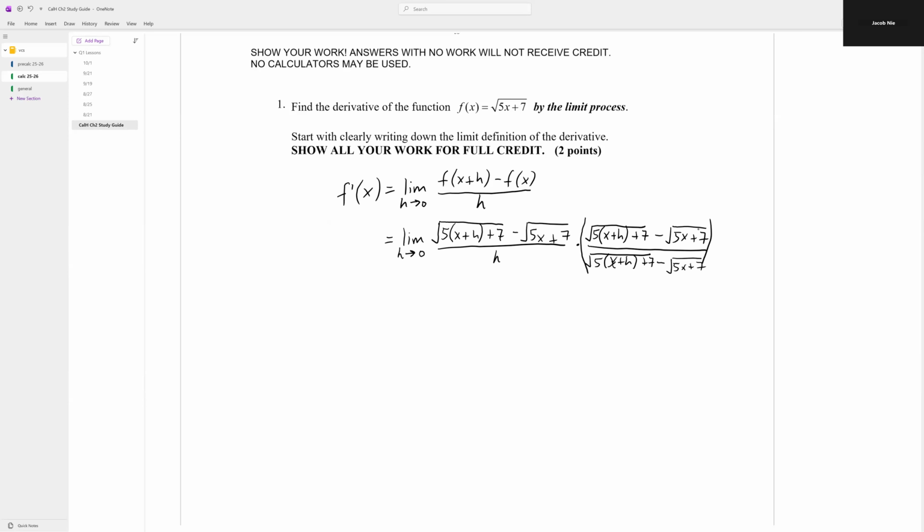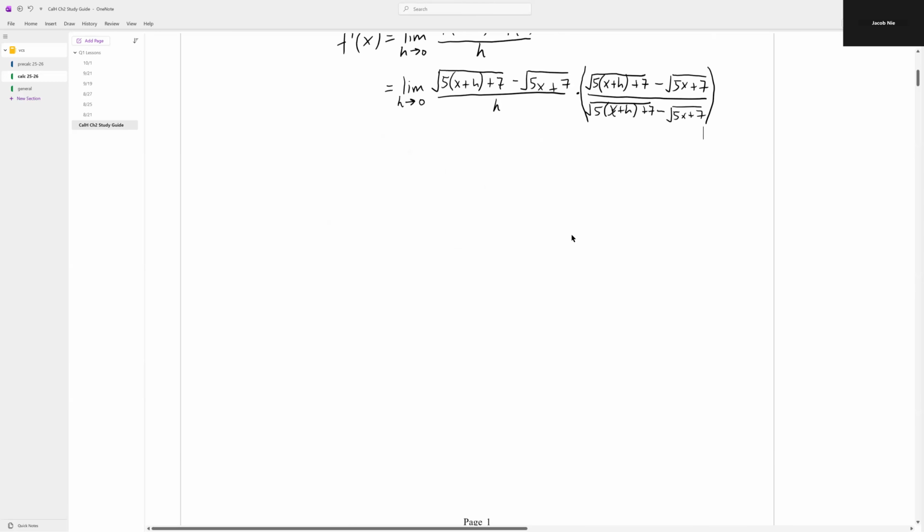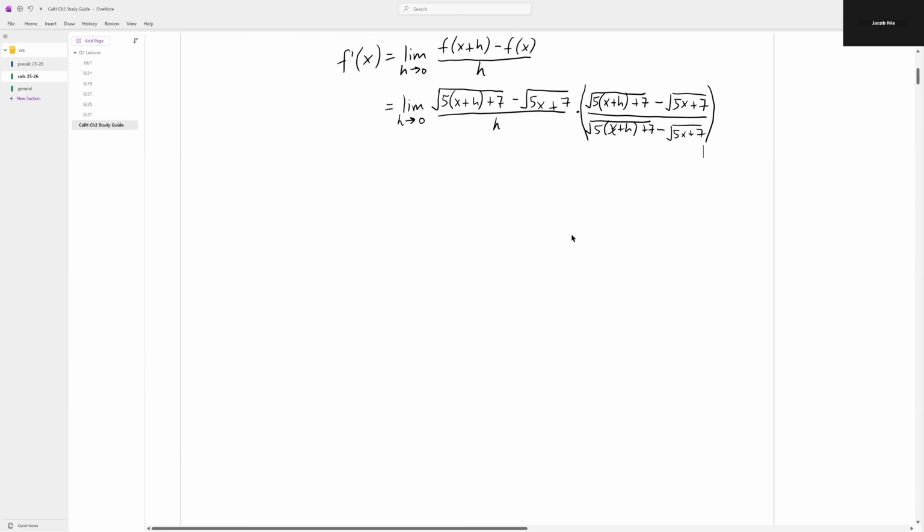We're going to multiply by this fraction. And that means that the top is going to become a difference of squares.